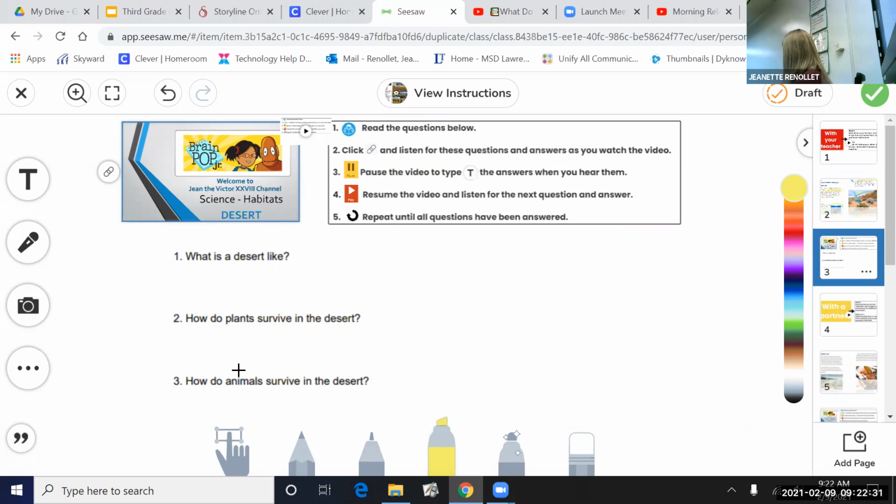And then we will type an answer together. Question number 1 says, what is a desert like? Question number 2, how do plants survive in the desert? Number 3, how do animals survive in the desert?